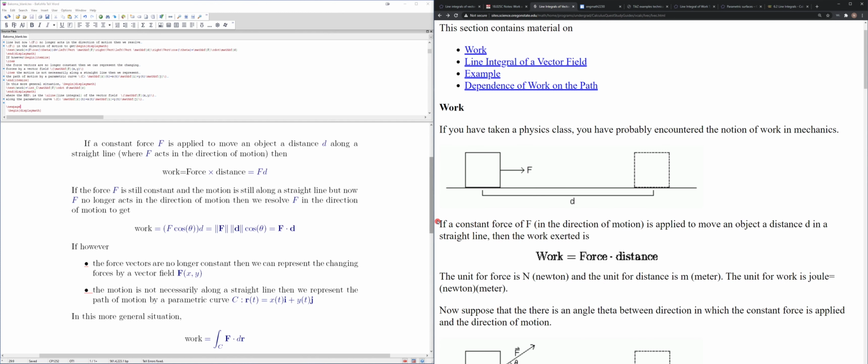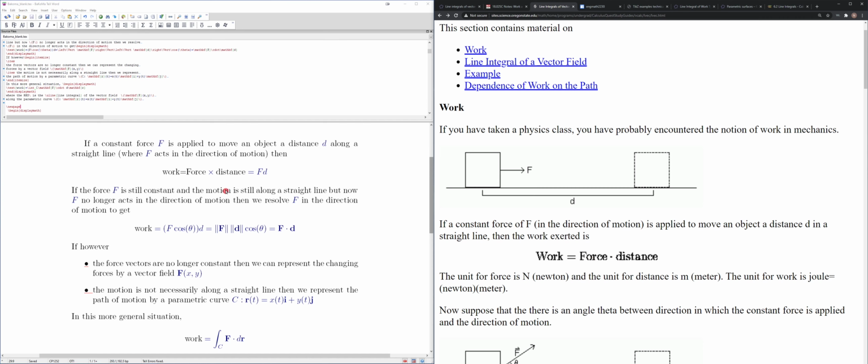So if I have an object like this one over here, and a force is acting on it while the object is moving in a straight line along a distance d, then the work done by the force is force times distance.